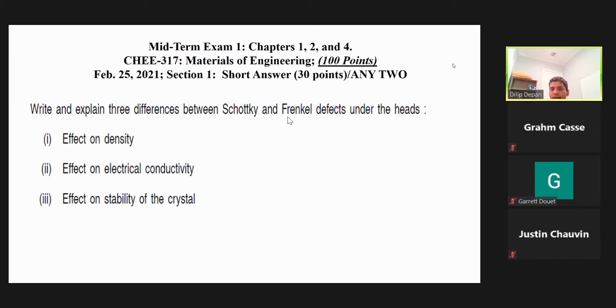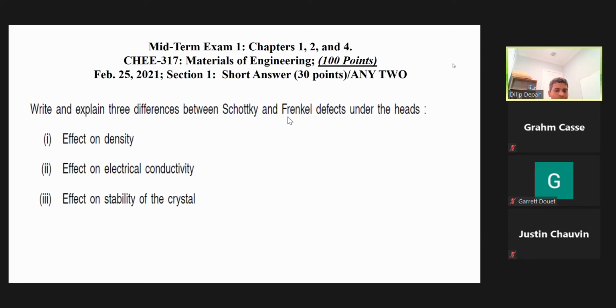So like that, these holes and these ions move, and that will conduct the electricity. So the Frenkel defect can also have conductivity. Both can be conducting. However, if there is an extensive Schottky defect in a crystal, that will have a higher conductivity.